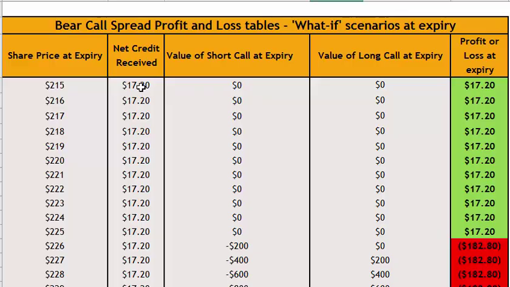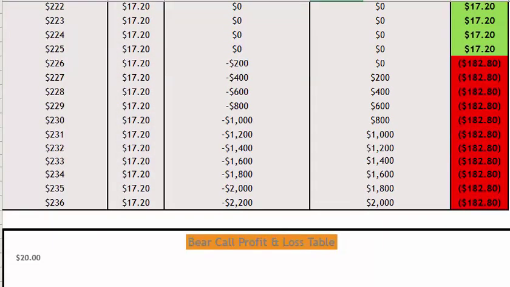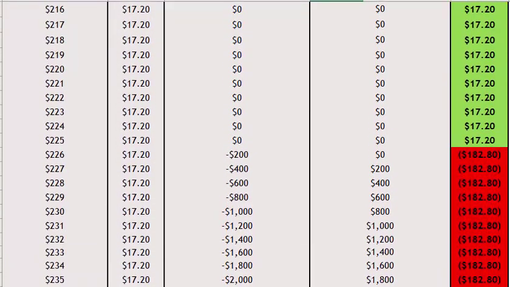And it's just a combination of adding up these 3 columns here. So it's 1720, you can see, is our max profit. Any profit is highlighted in green. Any loss scenario is highlighted in red. So you can see that our max loss as well is also included here, that we can't lose any more than $182.80. So that's what the profit and loss table looks like for the bear call spread.